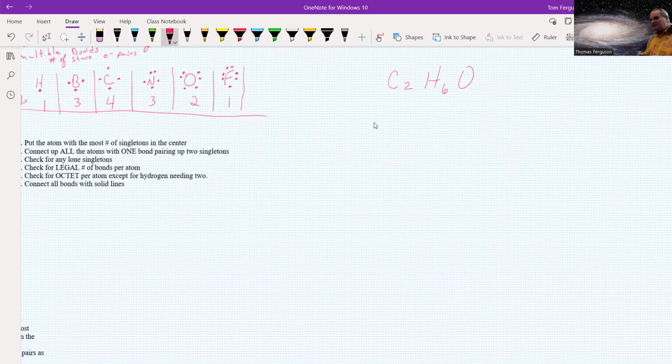deal with this. Again, it's going to be two legal structures. One is going to be dimethyl ether, and the other is going to be ethanol, which is drinking alcohol. We've got carbon, hydrogen, oxygen. Which has the most singletons of those three? Carbon.